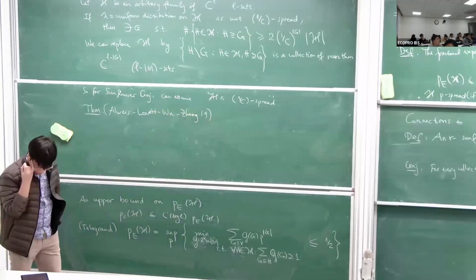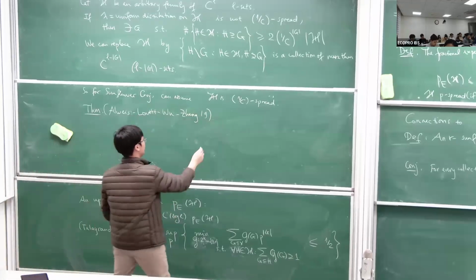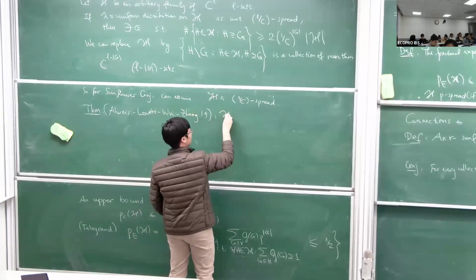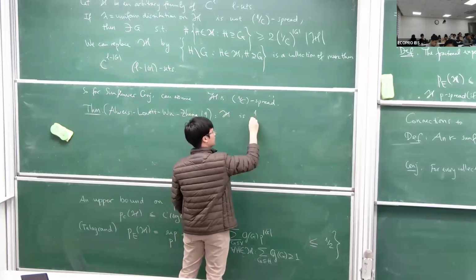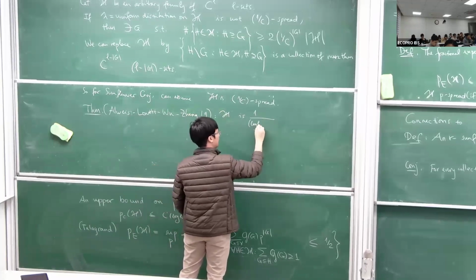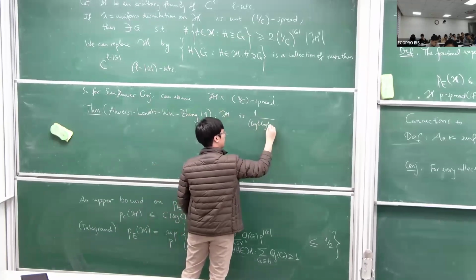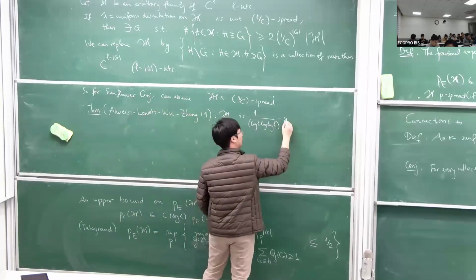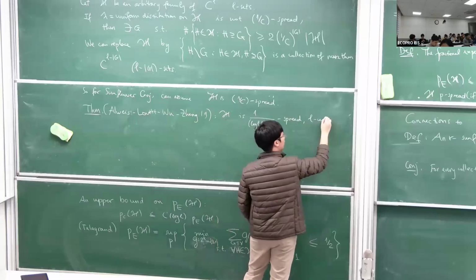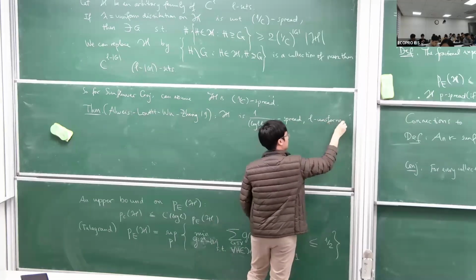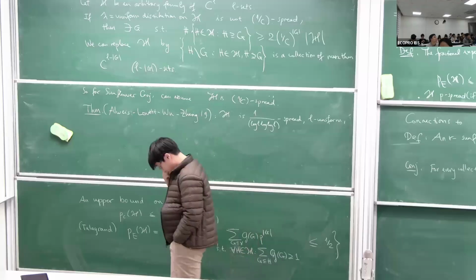So what they prove is, roughly, that if you have a family of sets H that is 1 over log L spread. Well, H, let's assume that it is L uniform. So every set in H has size L.